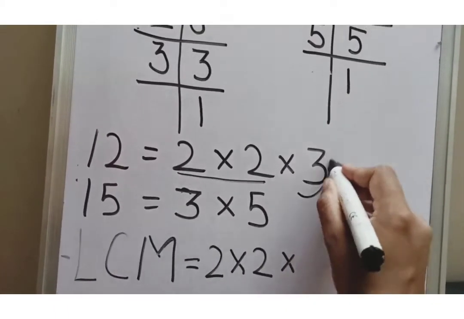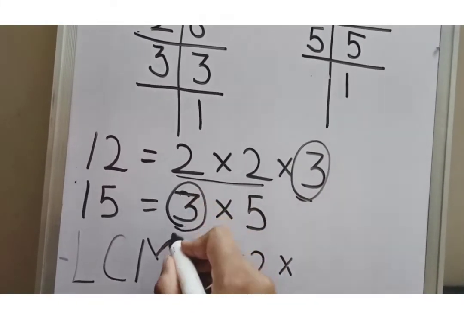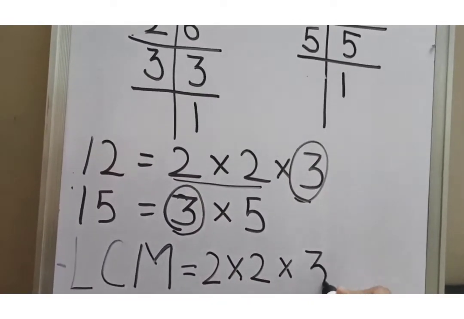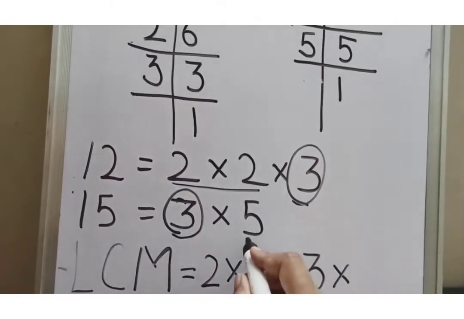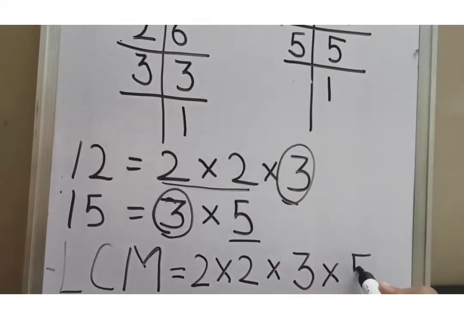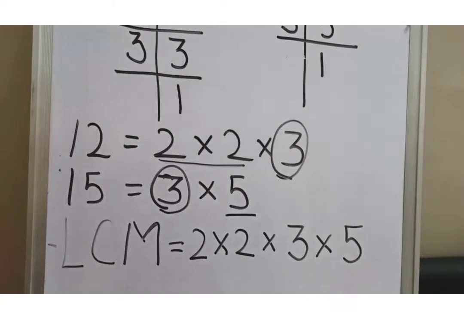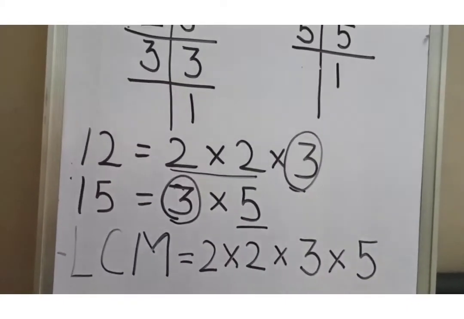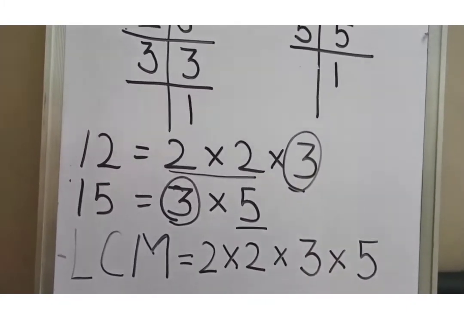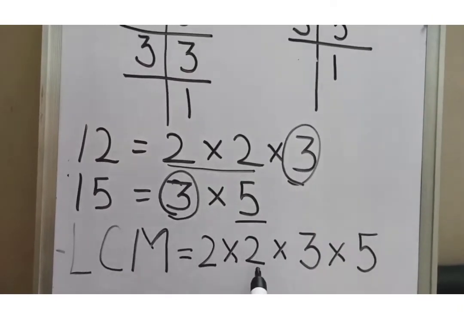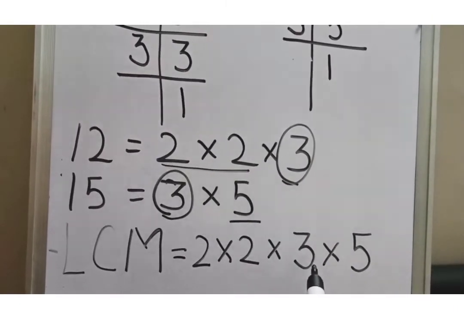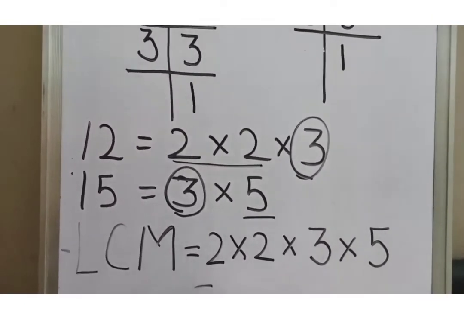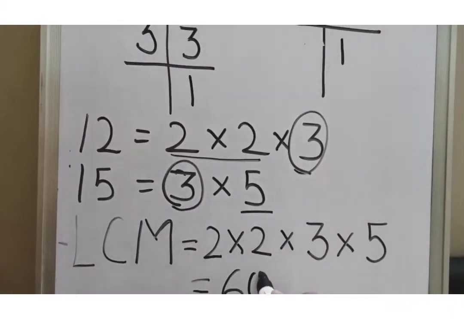Now 3 is there 1 time in 15 and is common, so we will write it once only. Along with that, the remaining factor is 5. So we will write all the factors present in both the numbers. If something is repeated, we will take it once only. So 2 twos are 4, 4 threes are 12, and 12 fives are, the answer is 60.